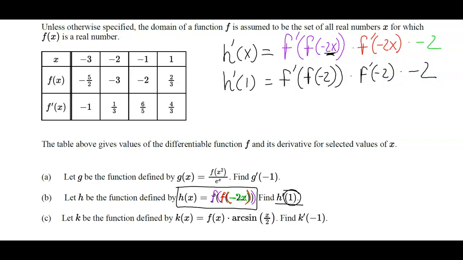And now we're ready to start evaluating things. So what does this equal according to our table, f prime of -2? It equals 1/3. How about this, f of -2? That equals -3.